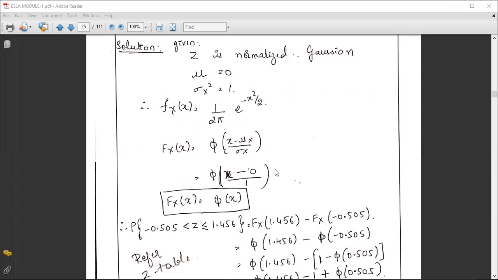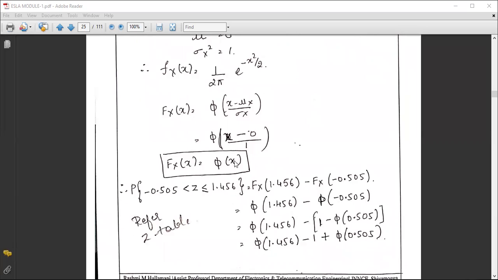Standard deviation is 1, variance is 1; the square root of variance gives standard deviation, and the square root of 1 gives 1. Therefore the cumulative distribution function F_X(x) is phi of x.